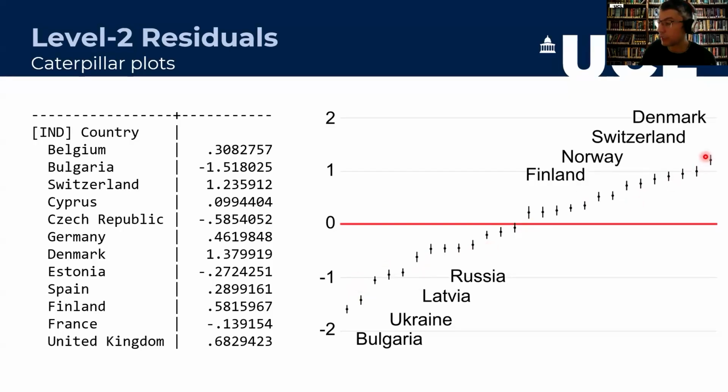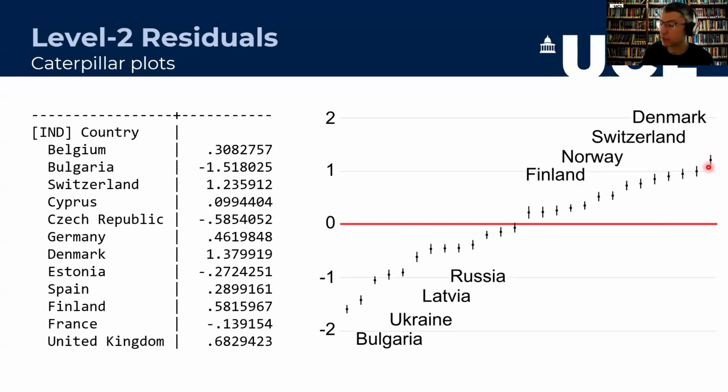So the more distant these are, the farther away the average, let's say, life satisfaction in Bulgaria would be from the one observed in all of the countries and in all of the European countries.